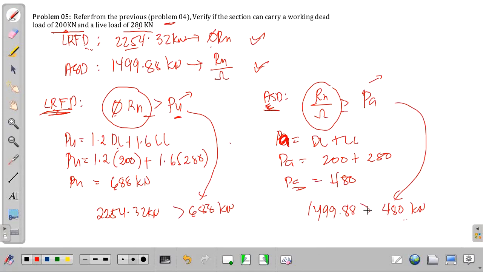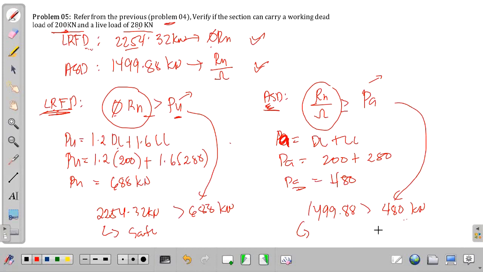Okay, so how can we verify? Since our design tensile strength is greater than our ultimate load, the W310 by 79 is safe to carry the given load. The same with the ASD method.